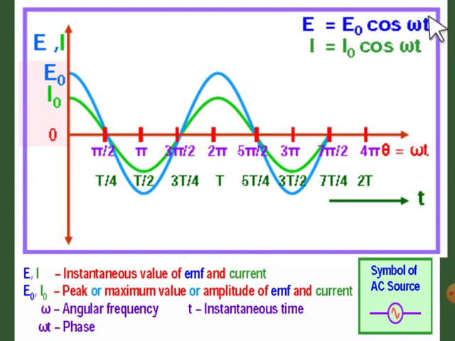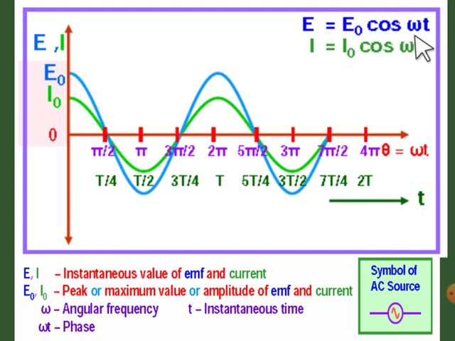Cosine of omega t is cosine of 90 degrees, or cosine of pi by 2, which is 0. So the right side will be equal to 0, and E and I will be equal to 0. So it will come to this point.